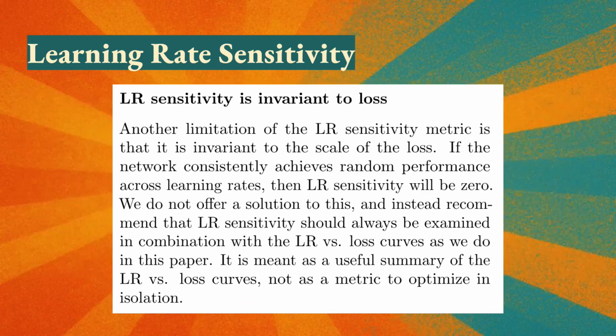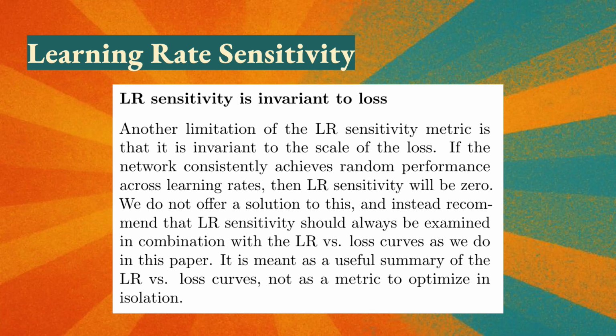A couple points on LR sensitivity. It is invariant to loss. What that means is if the network consistently achieves random performance across learning rates, keyword being consistently, then LR sensitivity will be 0. We do not offer a solution to this and instead recommend that LR sensitivity should always be examined in combination with the LR versus loss curves, as we do in this paper.